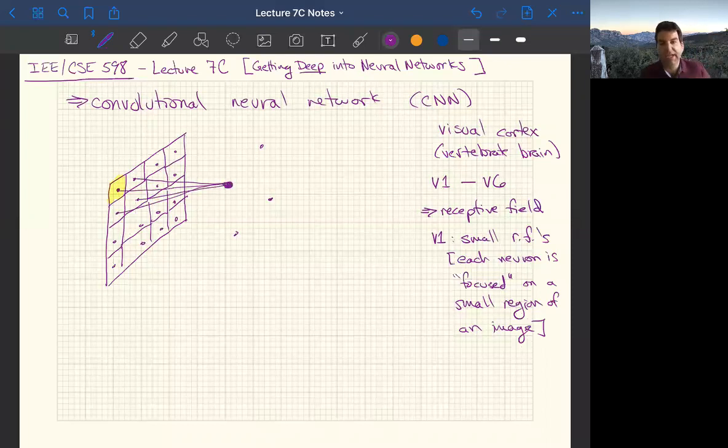So now I have a layer that is less dense, but this neuron is sensitive to a larger region. And you could keep doing this further and further as you get farther down.